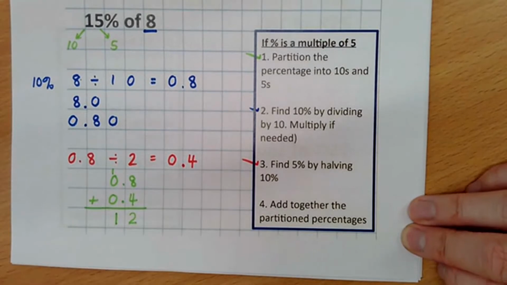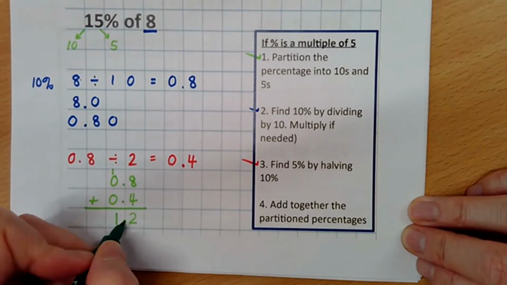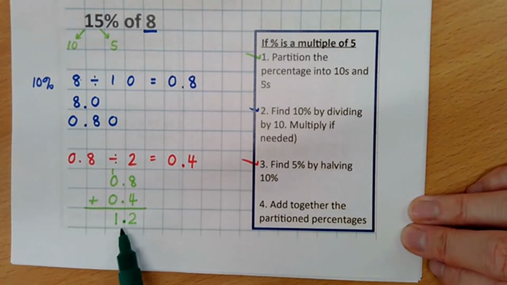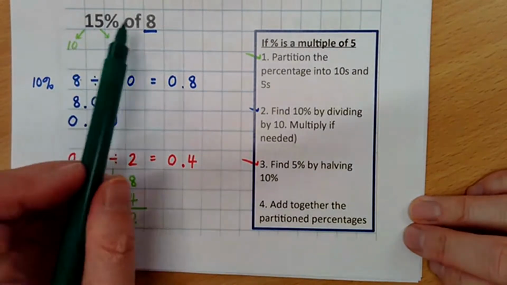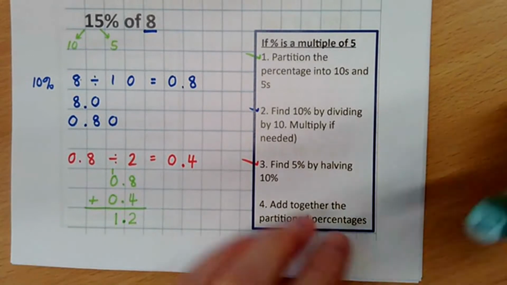Is my answer 12? What have I forgotten to do? Yes, remember I need to line up my decimals, so I need to place my decimal here, and this changes the answer. It's not 12, it's 1.2. So 15% of 8 is 1.2.